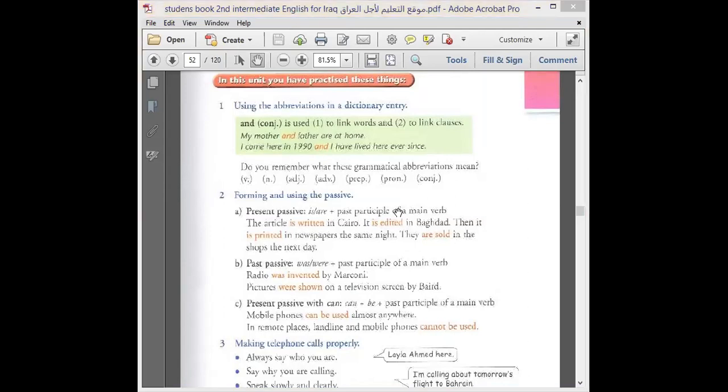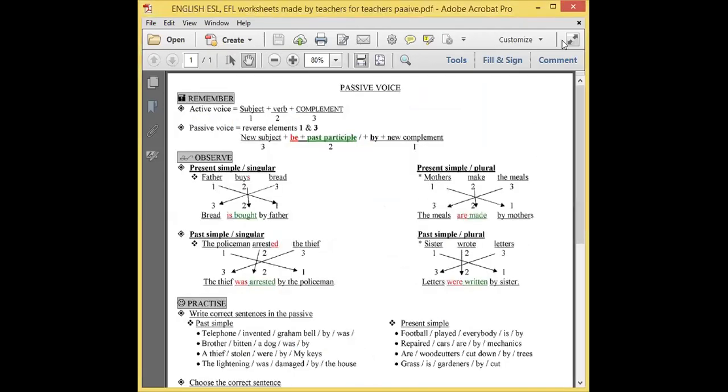And I have something I want to show you. It is so clear and it makes it very clear for you. Look, remember in the active voice you have subject plus verb plus complement, right? In the passive voice you reverse elements 1 and 3.